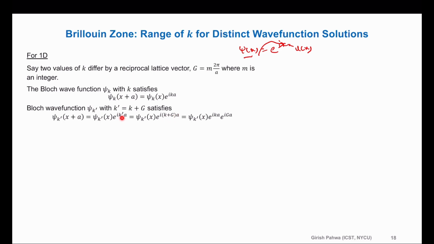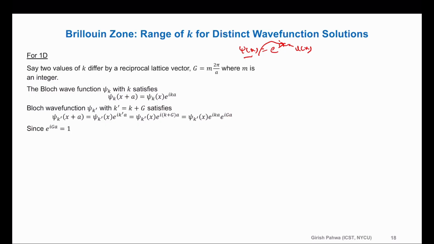You substitute that and split it: e^{ika} times e^{iga}. Now we know from our crystal structure theory that e^{i G·a}, with G a reciprocal lattice vector, equals 1. You can go back and check your notes. So e^{iga} is actually equal to 1.